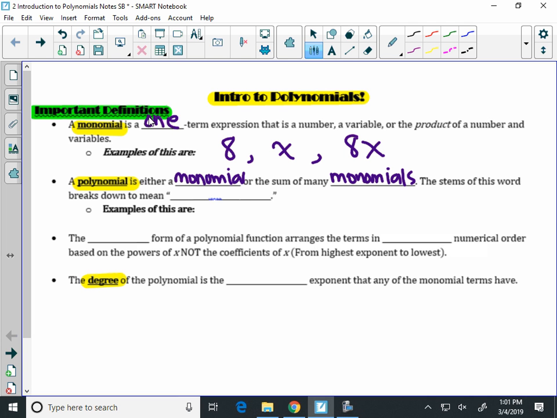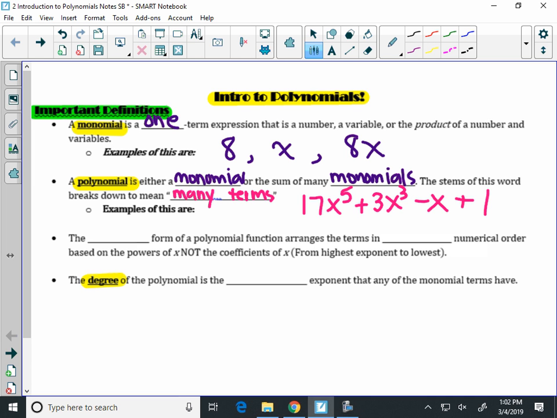So nomial means term, and polynomial translates to many terms. It could be something like 17x to the 5th plus 3x to the 3rd minus x plus 1. That's a polynomial. There are many terms being added or subtracted together there.